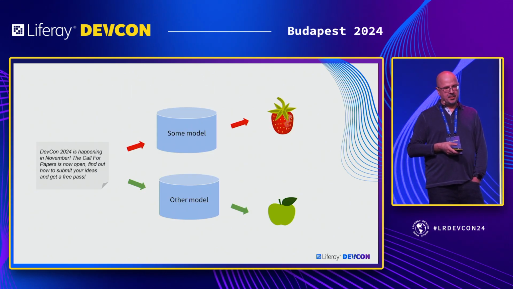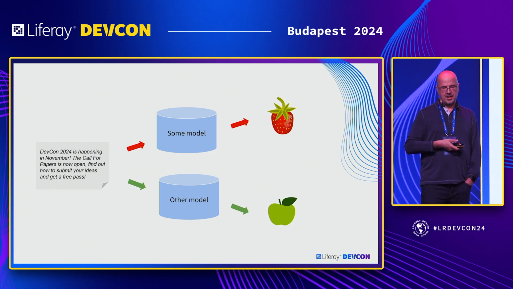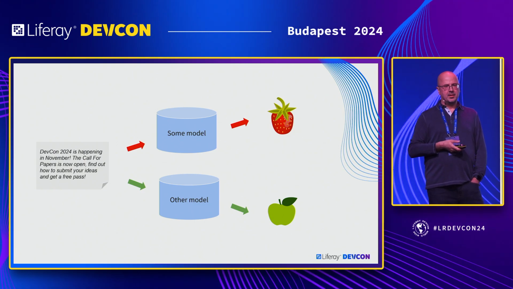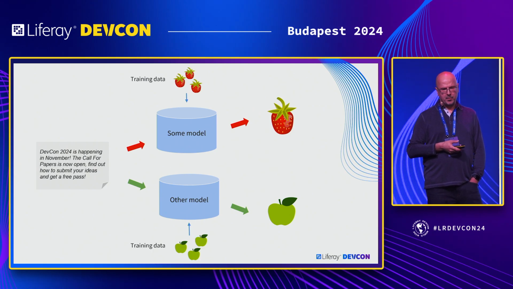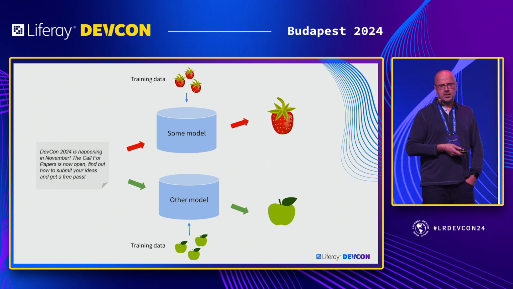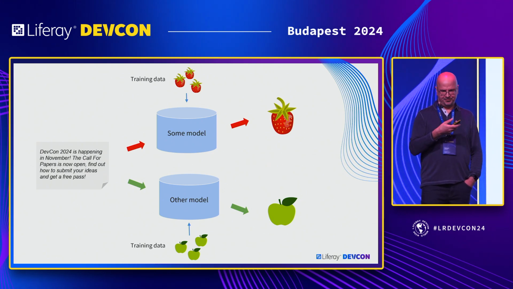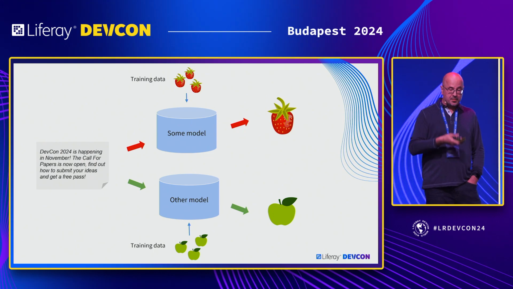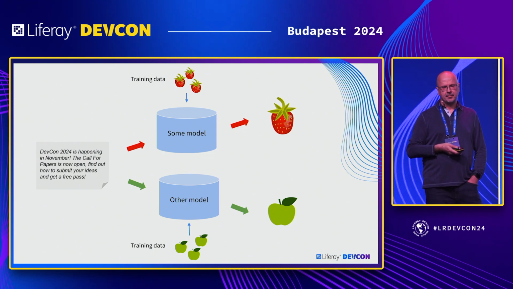Now, this is something I think most of us have encountered with chat models. Different models produce different outputs. Why does that happen? There are other aspects to this topic, but it's a lot about the quantity and quality of the training data, what these models have been taught with.